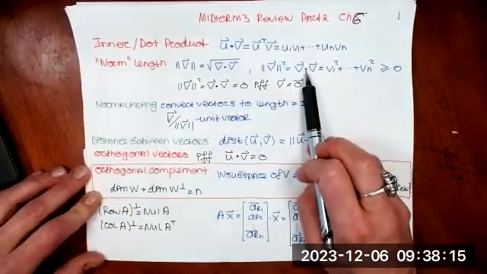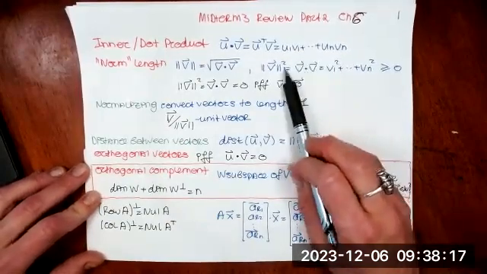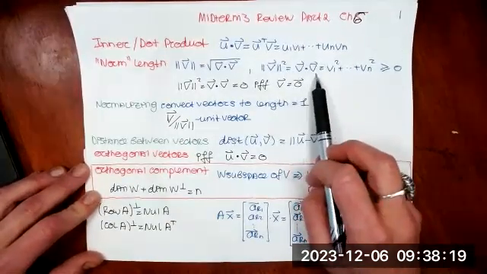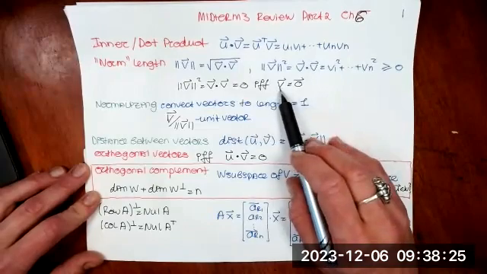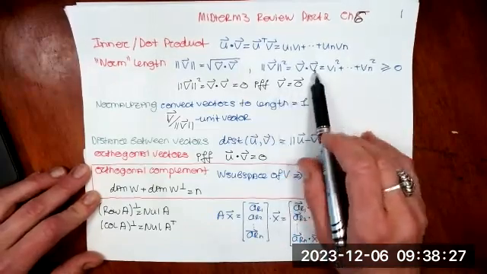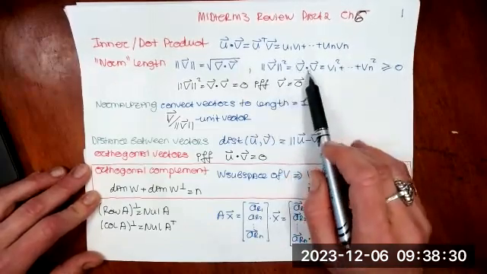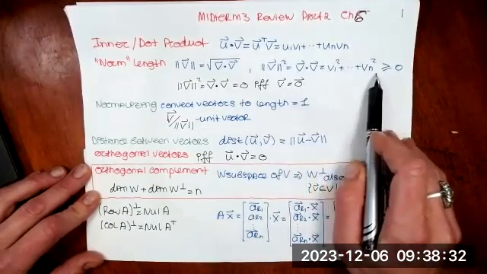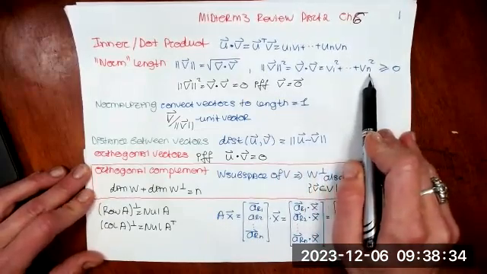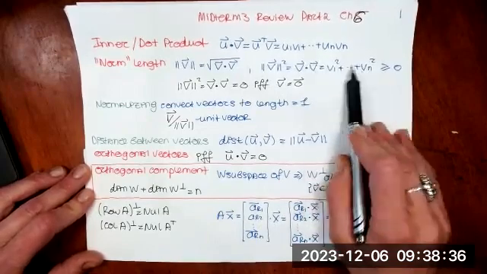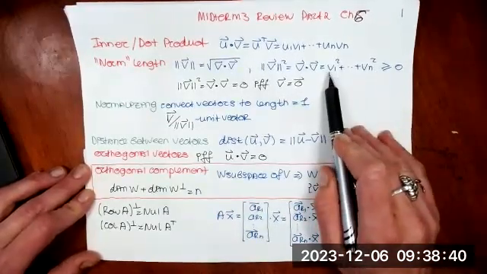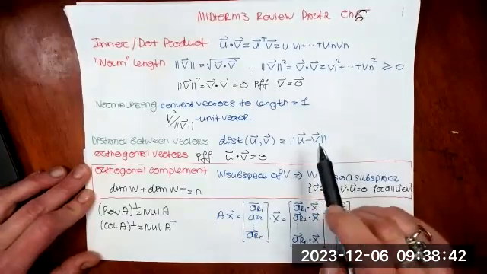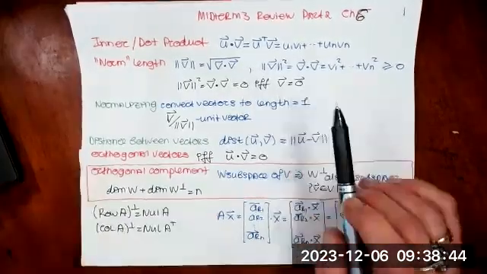You could also show that dotting a vector with itself is always greater than or equal to 0, and equal to 0 if and only if the vector itself is 0. By construction, v dot v is just a sum of squares of its components, and squares are always positive or 0. So for this to be equal to 0, each one of the components has to be equal to 0, so the vector has to be 0.